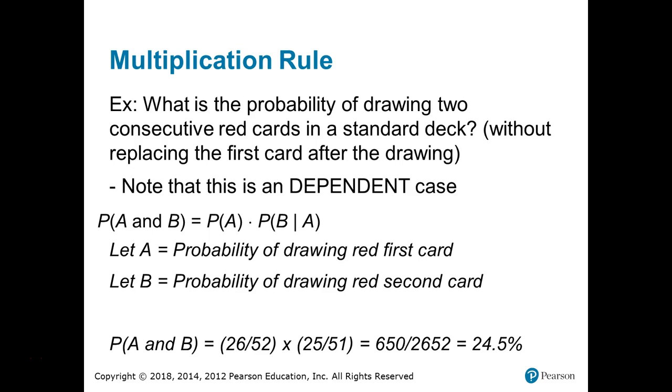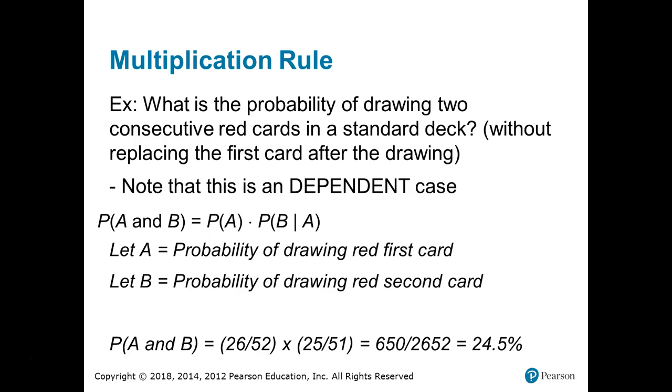So once you draw that first red card, imagine the scenario of me holding out a deck of cards and you picking one, looking at it, and it being a red card. Then you put that card in your pocket. Now I'm holding out the remaining cards, and I tell you to pick another one. Well, how many cards are left? We start with 52, you took one, now there's 51 cards left. How many red cards are left?